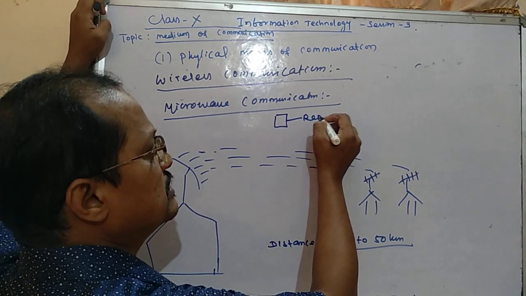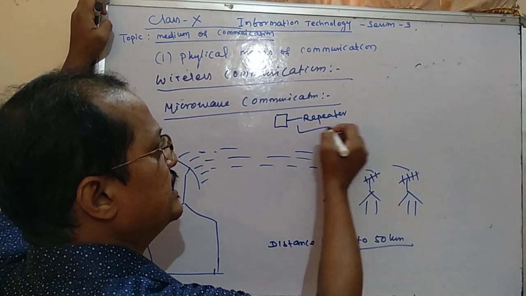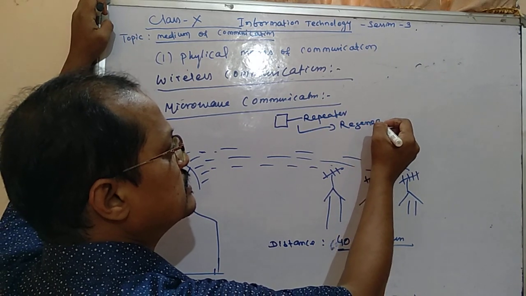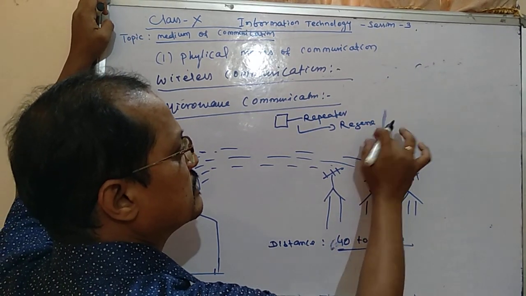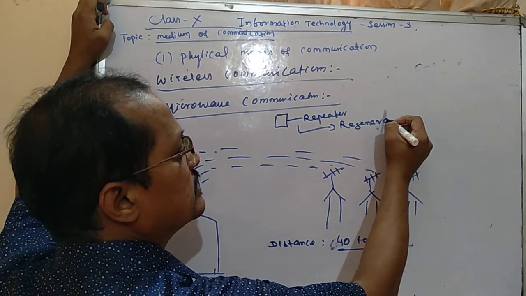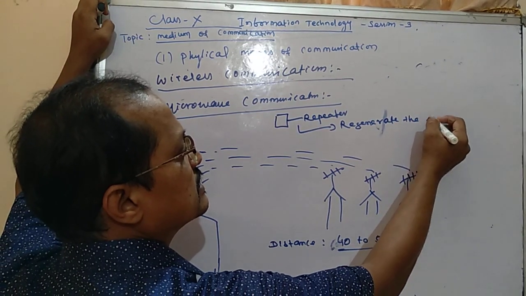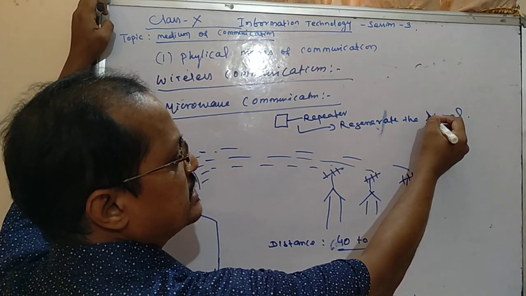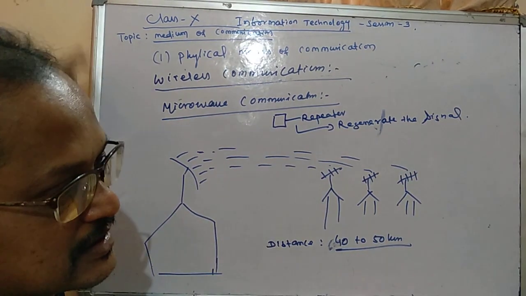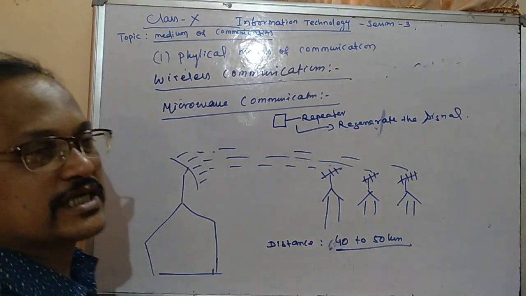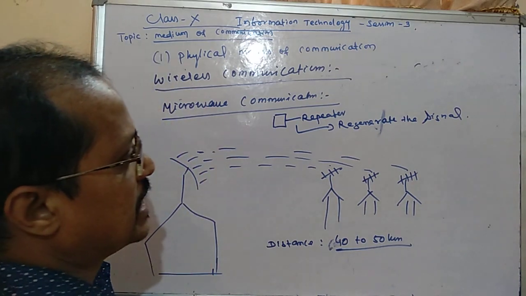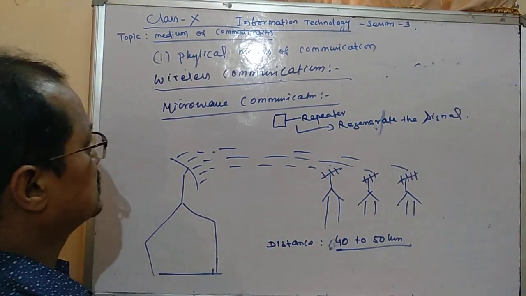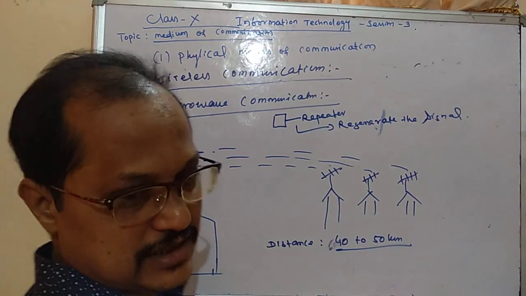The repeater's work is to regenerate the signal. That means the signal is not lost, the signal is regenerated. That is a very good digital technology, and by using that we regenerate the signal. So this is the concept of microwave communication.